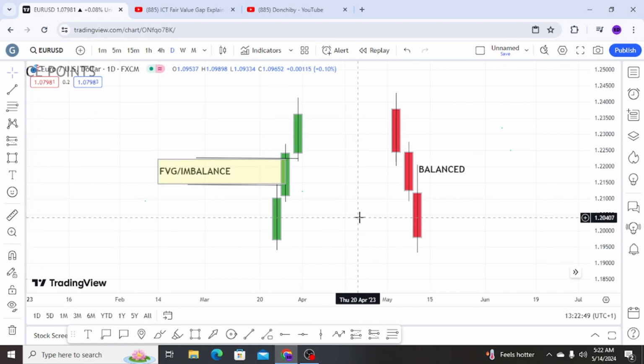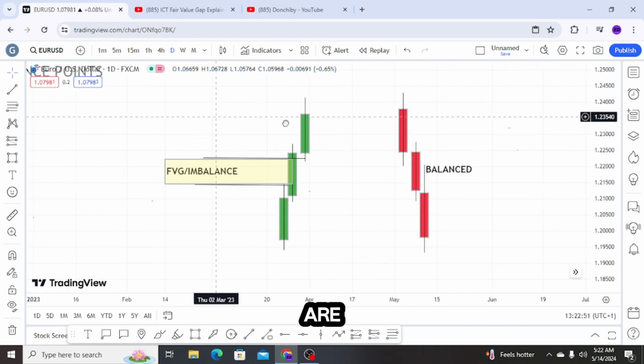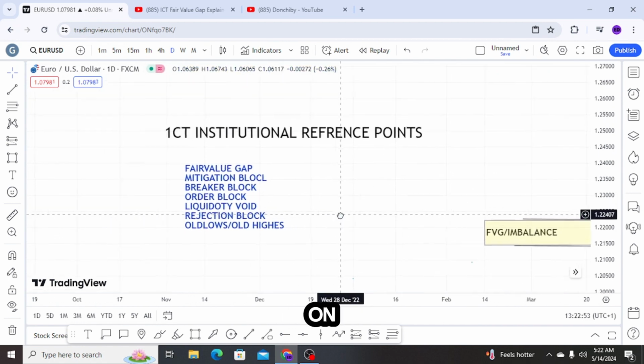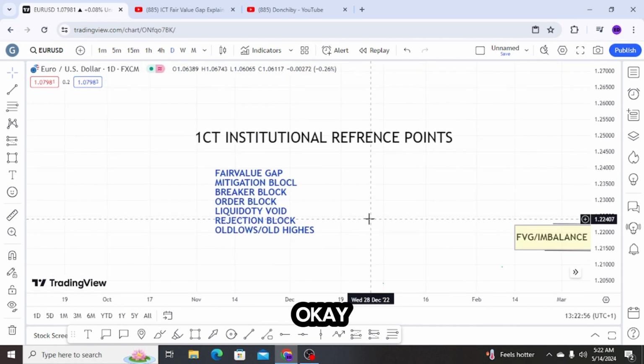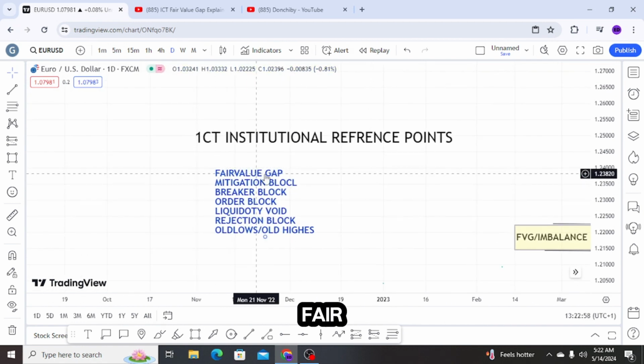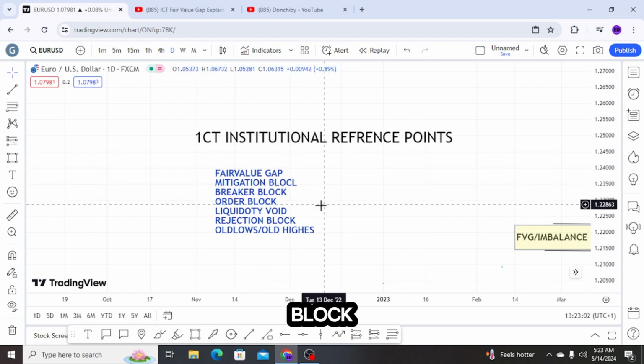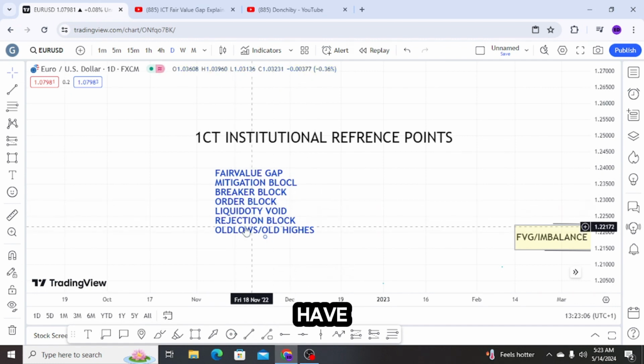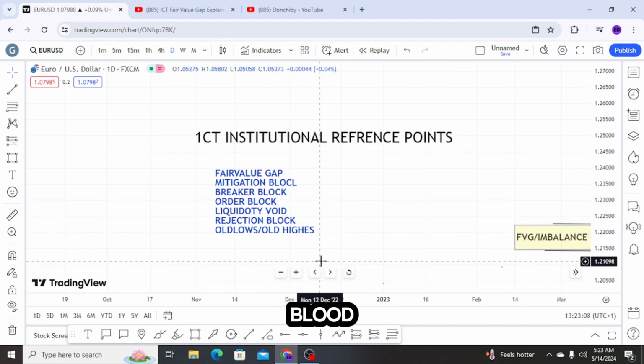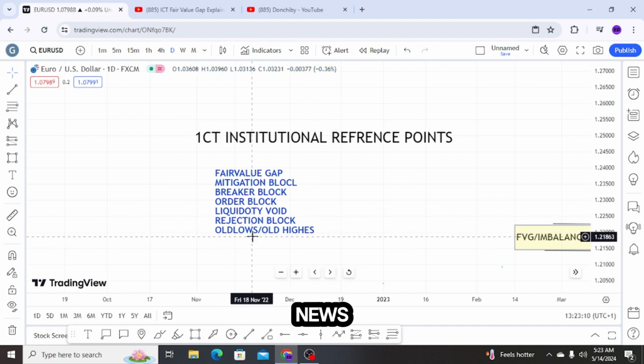Basically there are 7 reference points in ICT: we have fair value gap, mitigation block, breaker block, order block, liquidity void, rejection block, and old lows and old highs.